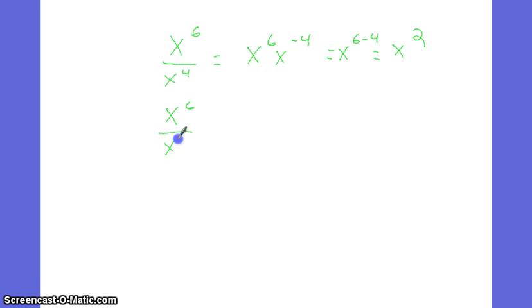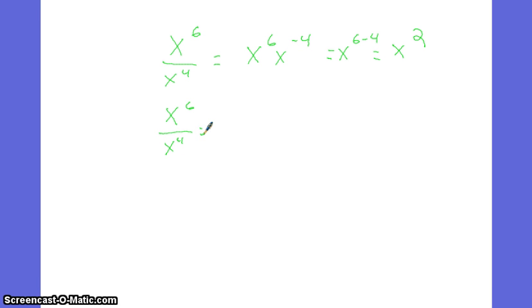So let's take care of this one. And in this one, I want to write the answer so the answer is in the numerator. So if the answer is in the numerator, then I'm going to get x to the 6th and x to the negative 4th, which gives me x to the 6 minus 4, which equals x squared. Now I'm going to do the exact same problem, x to the 6th over x to the 4th.